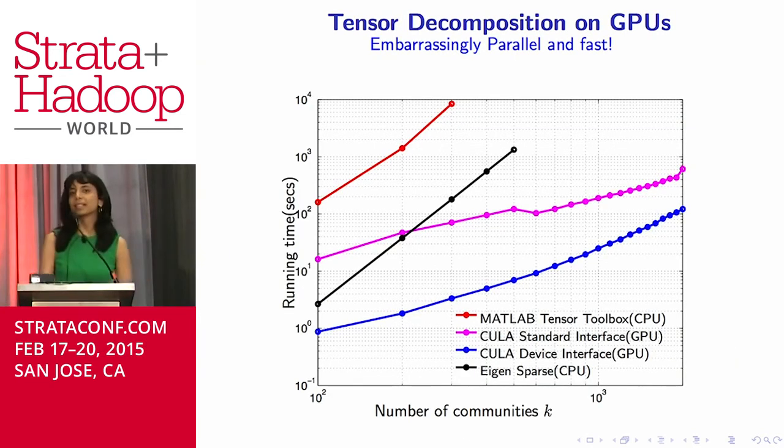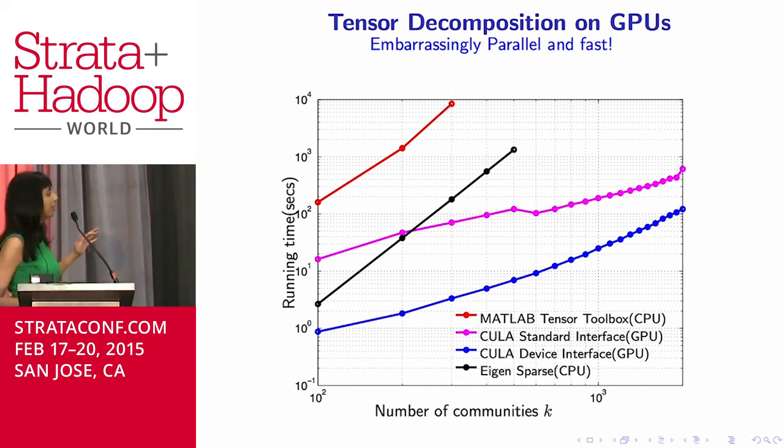And the other nice thing about these tensor methods is they're naturally scalable, right? So all these operations consist of simple linear algebraic and multilinear algebraic operations. So they can be easily parallelized on GPUs, and you can get very good scalability.